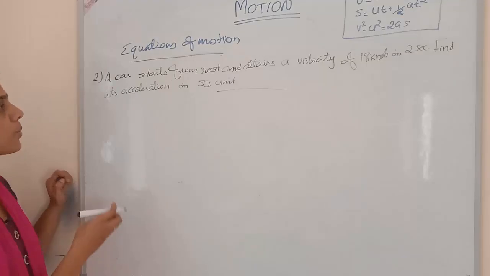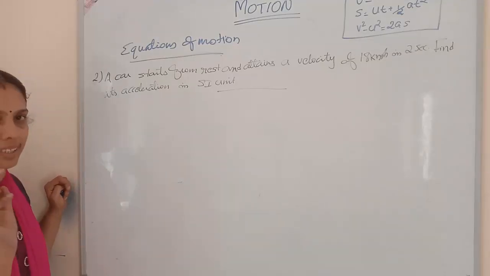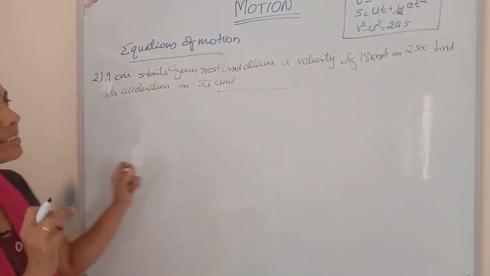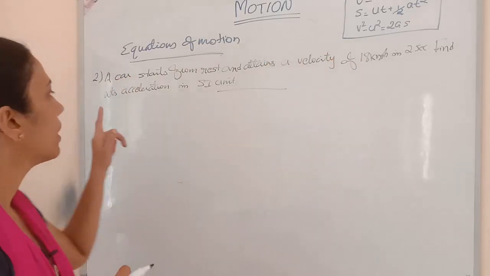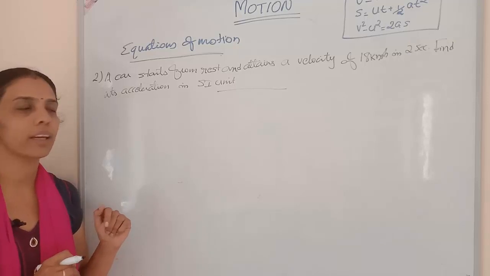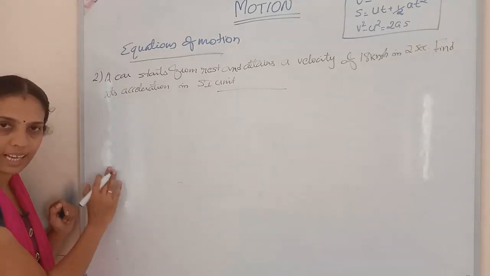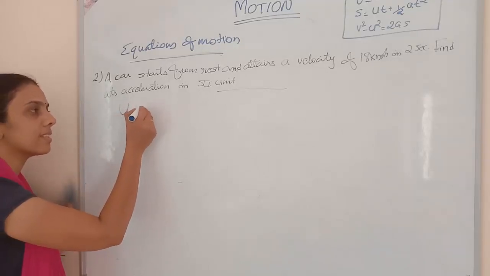Okay, so the next one is: a car starts from rest and attains a velocity of 18 km per hour in 2 seconds. Find its acceleration in SI unit. So a car starts from rest, that means initial velocity is 0.